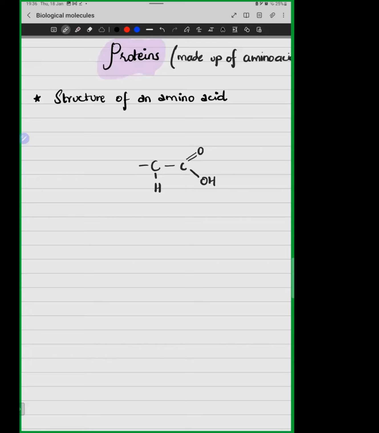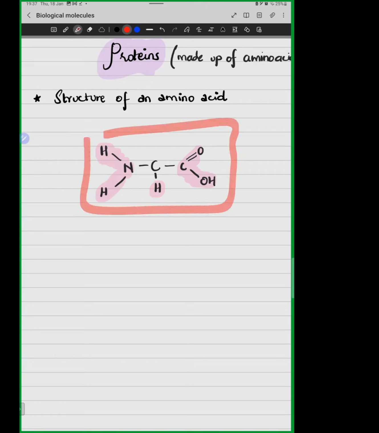And then it is bonded to an amine group or an amino group. So this is basically your carboxyl group. This is your amino group. And this is a hydrogen. ये हमारे पास हर अमीनो एसिड में ये स्ट्रक्चर जरूर से प्रेजेंट होता है.